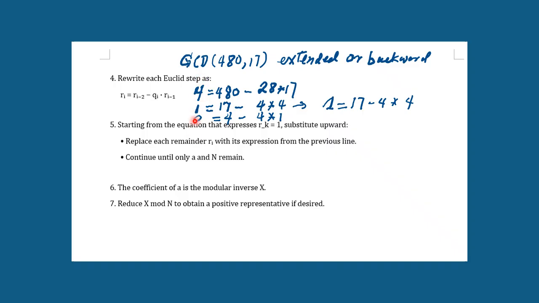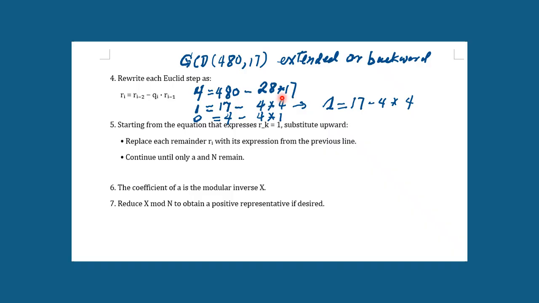So now you do it backward. Remember, we can try to find the linear equation with one side is 1 equal to 17 times the inverse minus y, a number, times the modulo, the capital N. So what you do is actually work backwards.